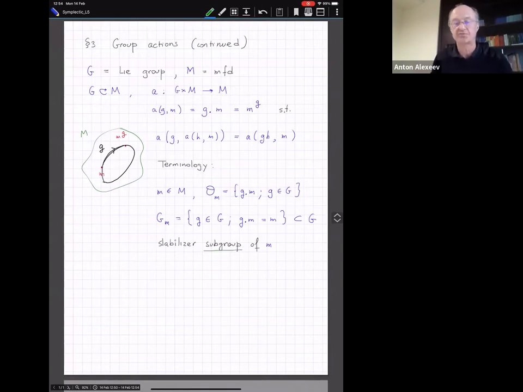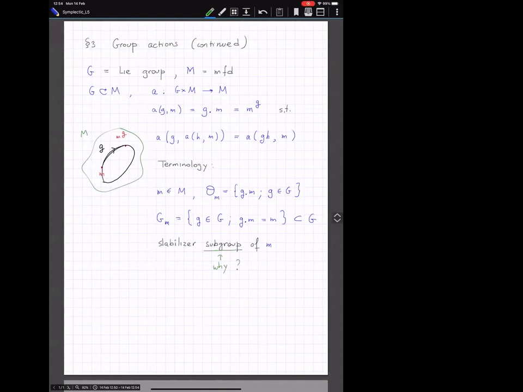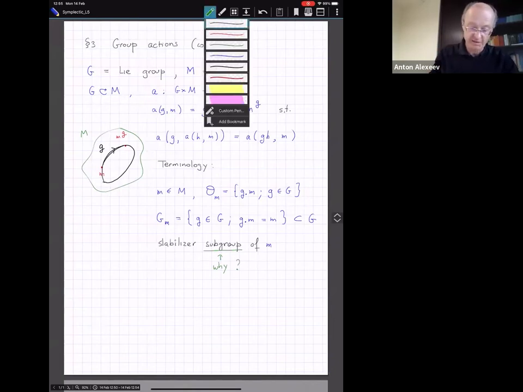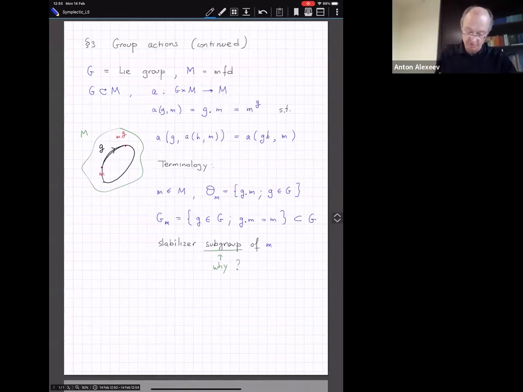But if you never have seen it, this is a subgroup, and maybe it's a good thing to check that this is indeed a subgroup. So this G_M.